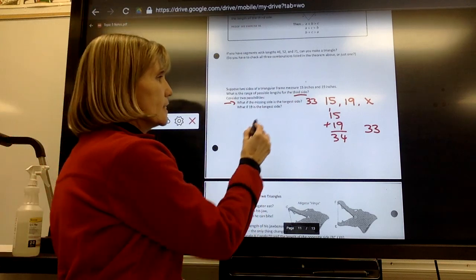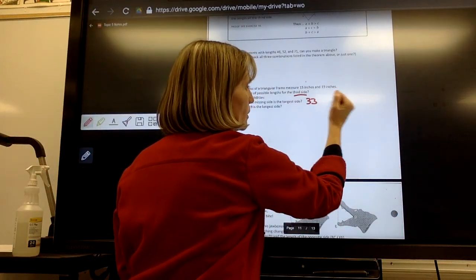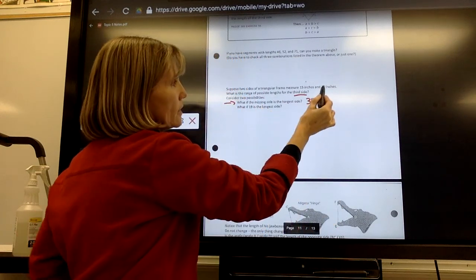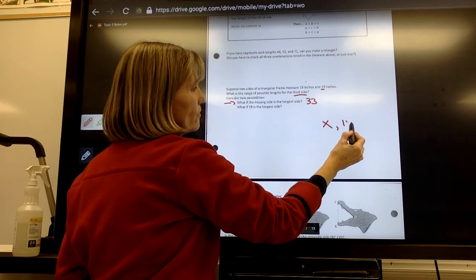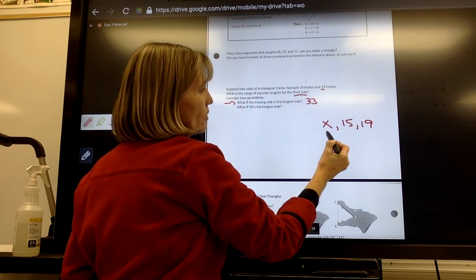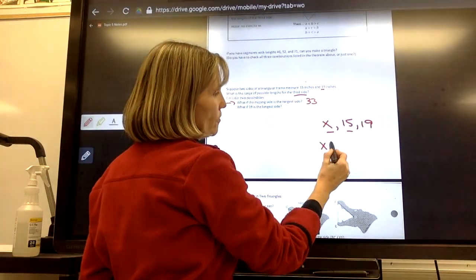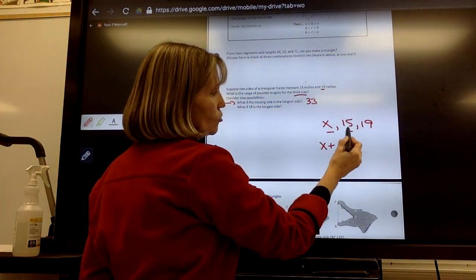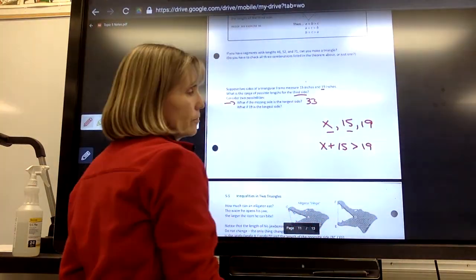And what if 19 is the longest side? So let's set this up differently. Let's say that the 19 is given. So I have the third side, I have the 15, and I have the 19, where the 15 and x are the shorter two sides. Well, in that case, the 15 plus the x has to be greater than 19.